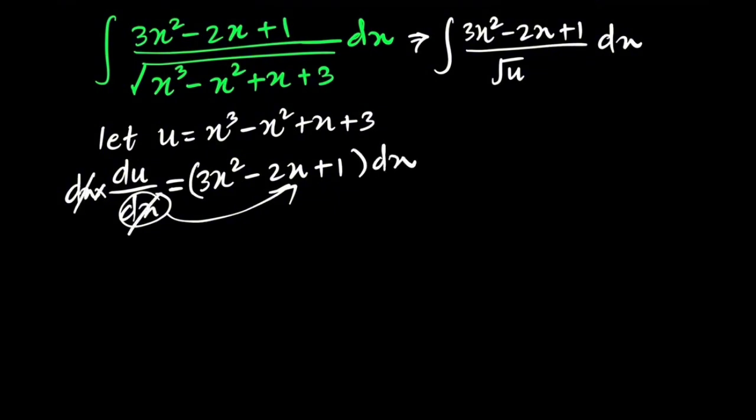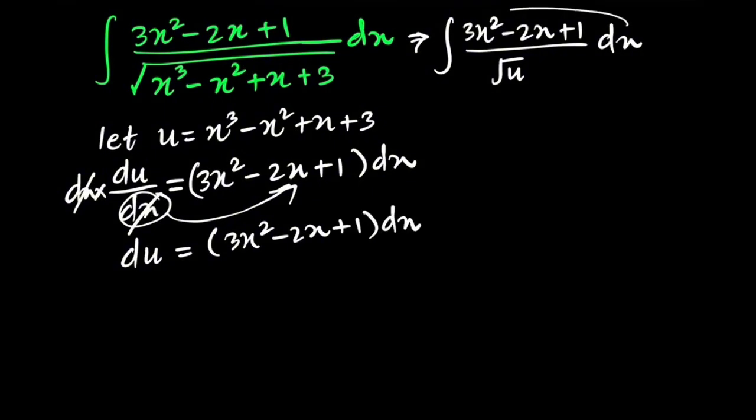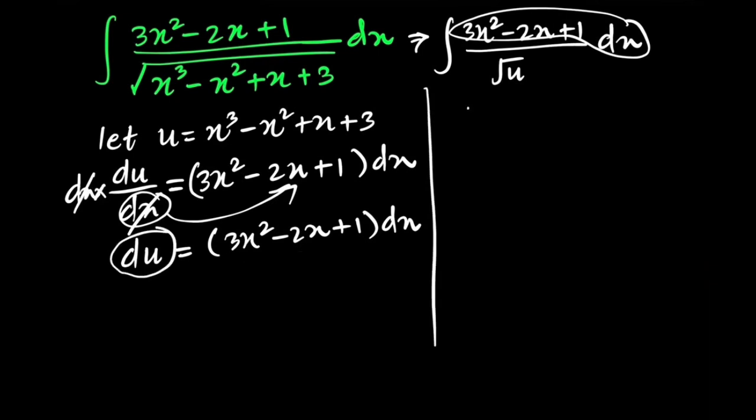The dx and dx get cancelled, which gives us du equals (3x squared minus 2x plus 1) dx. Now you see that this part right over here is equal to du. So now substitute this, which becomes the integral of du divided by the square root of u.